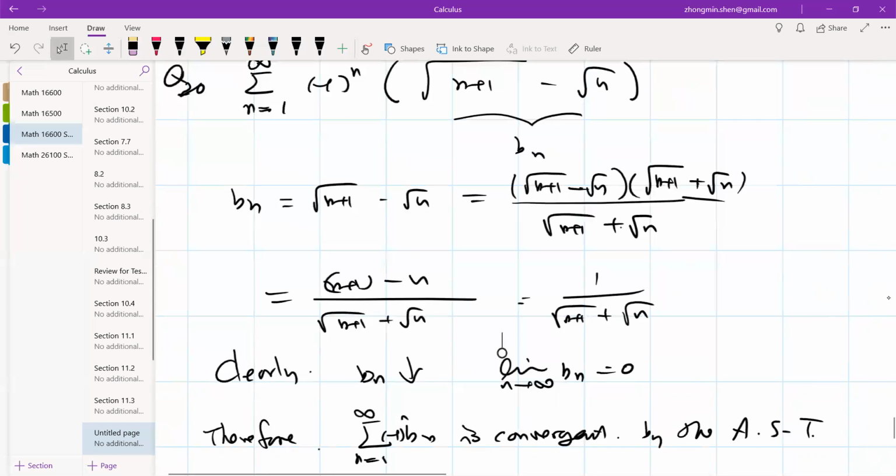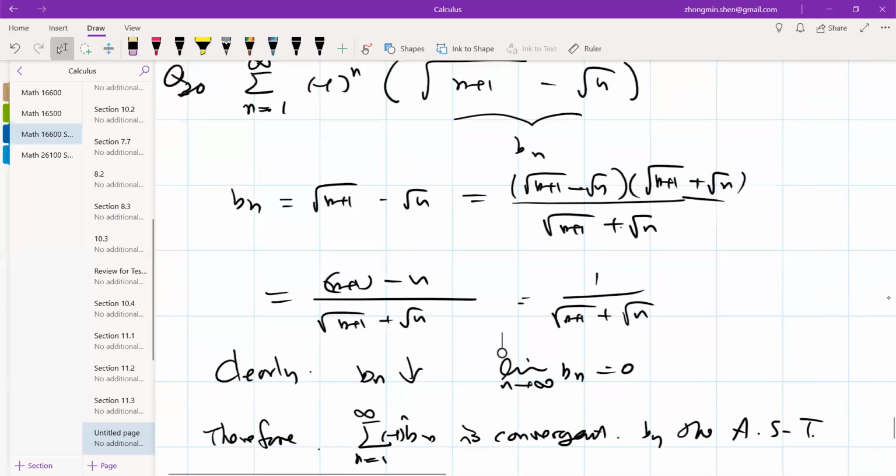After finishing the homework, I have another special notebook that has key ideas. And for this section, I just write down two key ideas. One is for alternating series: look at the nth term. If the nth term does not approach 0, you use the nth term test to prove it's divergent.